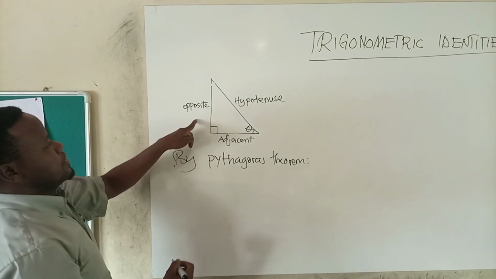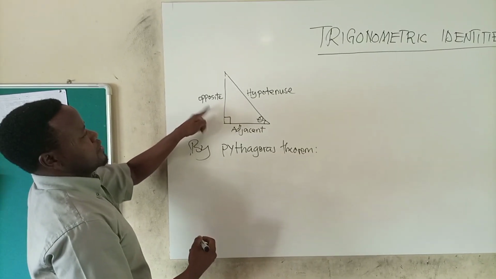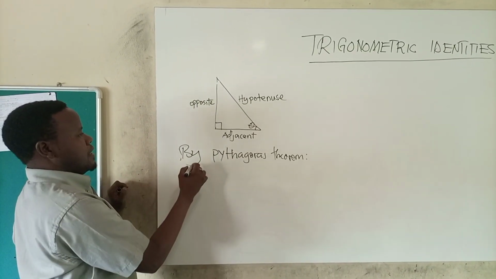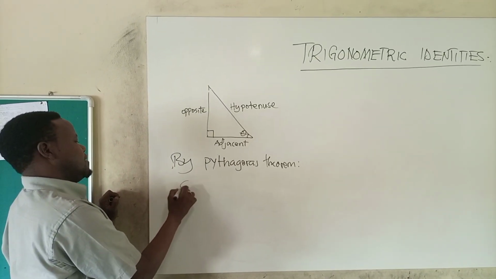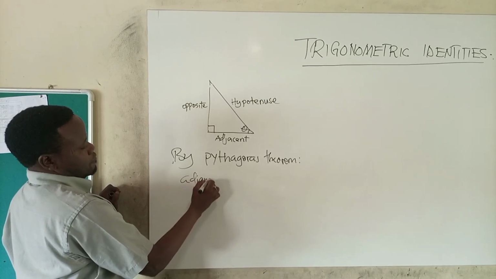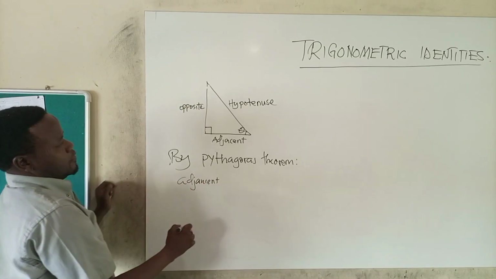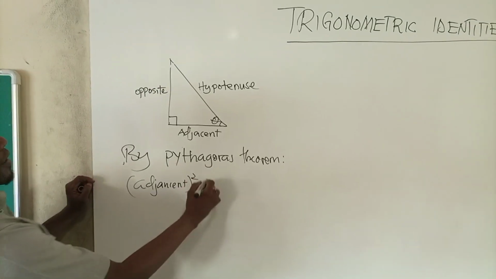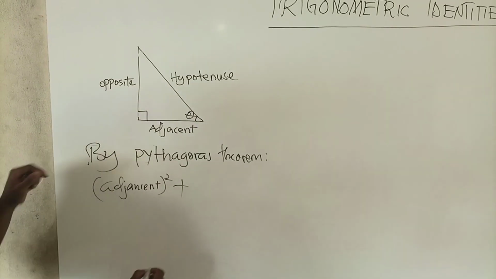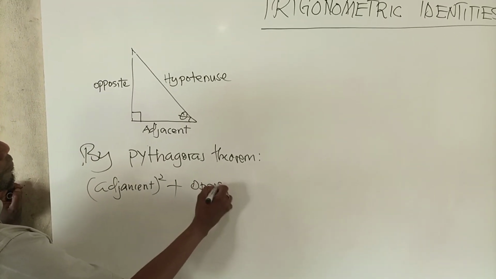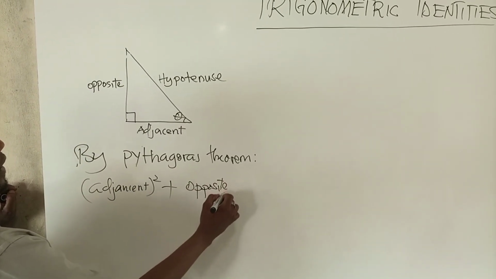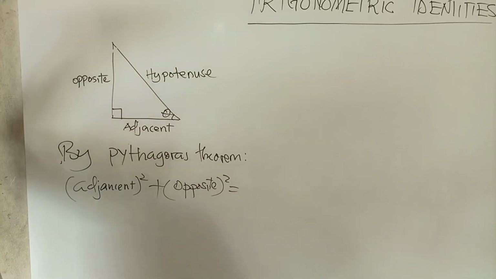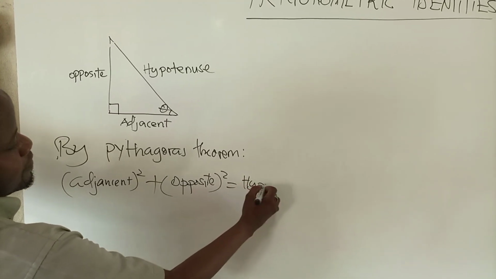So we have this side, which is opposite, and this is adjacent. So adjacent square, this side squared, plus that side which is opposite squared, is equal to hypotenuse squared.